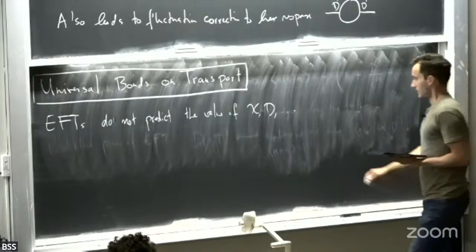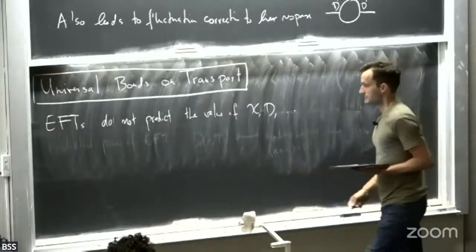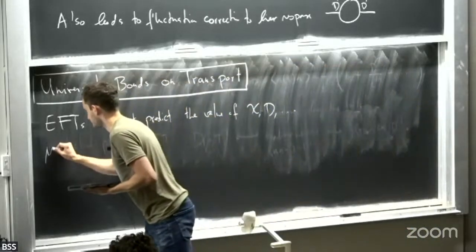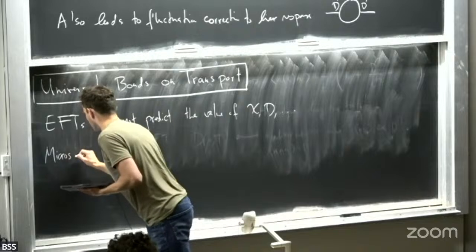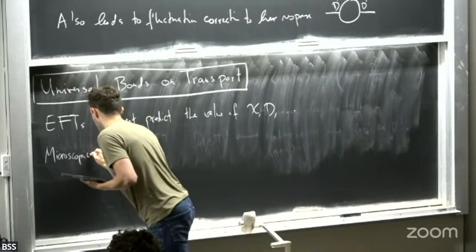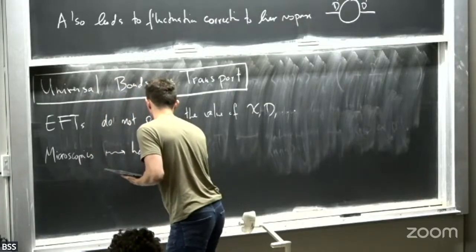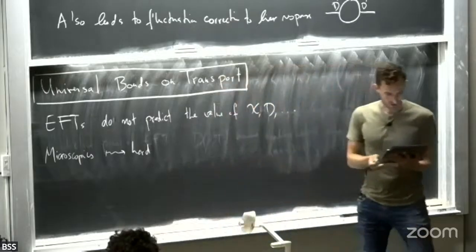So to actually get these objects, these parameters that enter the EFT, you would have to do microscopics, evaluate the Kubo formula or something like that. And this typically is hard, especially in the types of systems we care about that are strongly correlated.